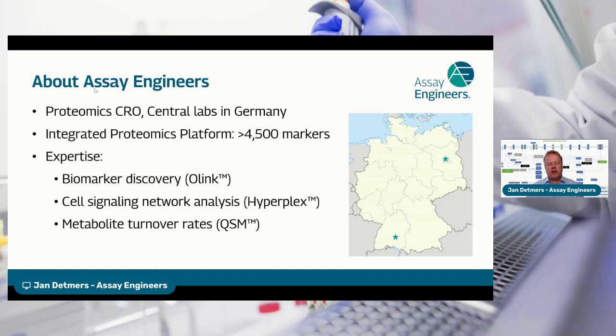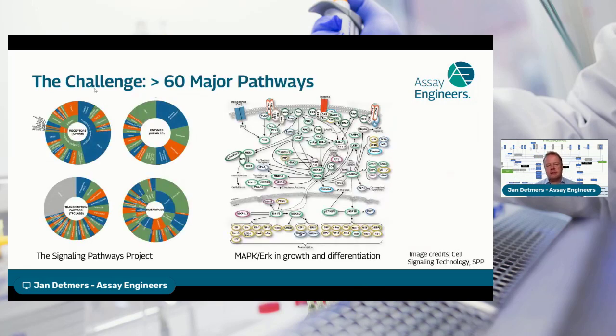And we have an assay platform called QSM that measures metabolite turnover rate. So we're looking at fluxes, we're looking at reactions that are catalyzed by enzymes, and we give a very comprehensive overview of enzymes that are catalyzing metabolite turnover, and we quantify these metabolite turnover rates.